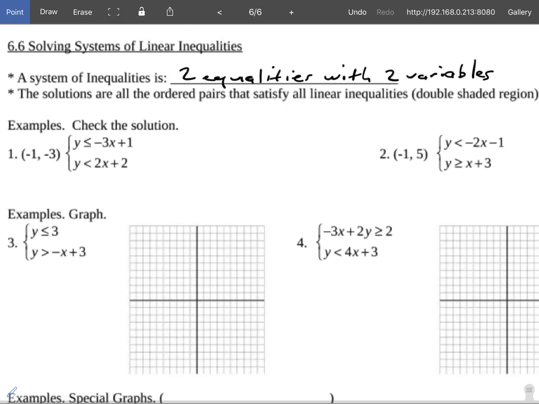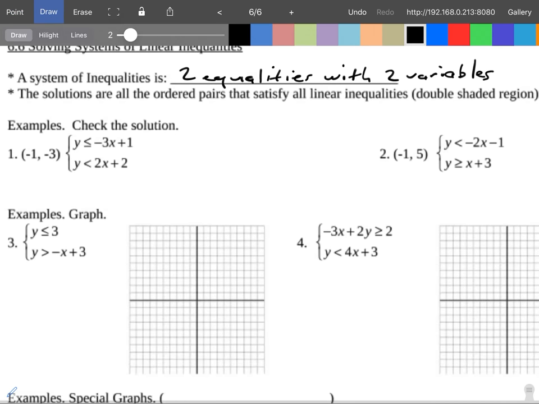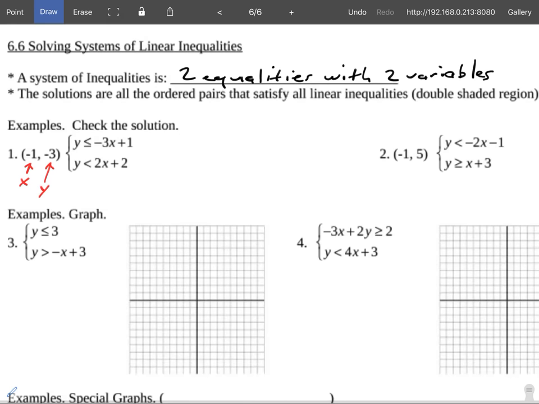If it makes one of them true and one of them false, or if it makes both of them false, then it's not a solution. So let's try this first one. All we have to do is plug in this for x and this for y into both of these inequalities.